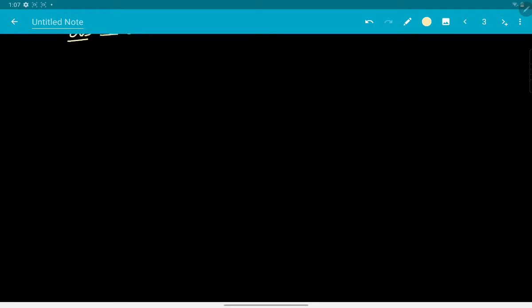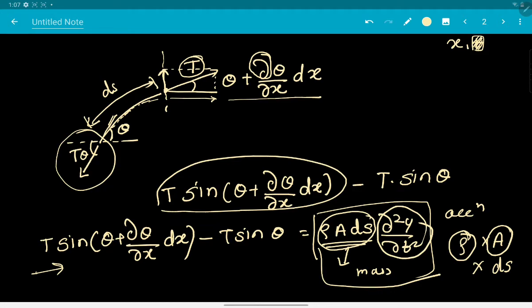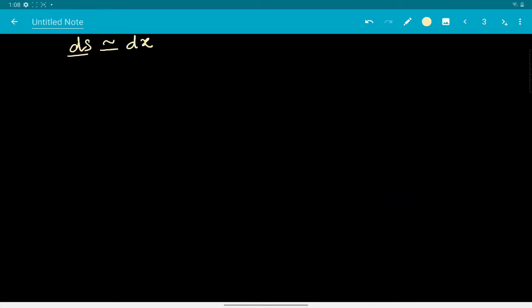I'm going to make one more assumption over here. We have made the assumption that we are having very small transverse vibrations, which essentially means that y is going to be very small, and hence theta is not going to be very large. You can't see big thetas like this.